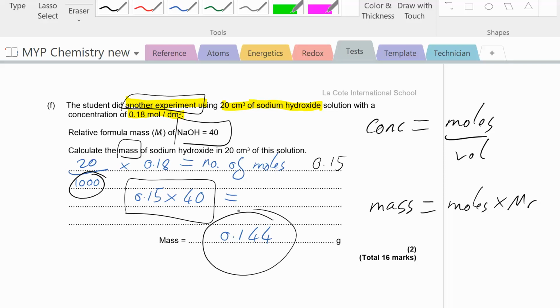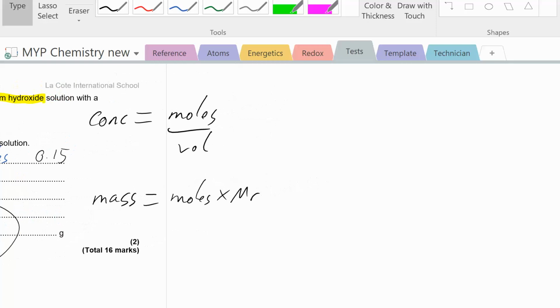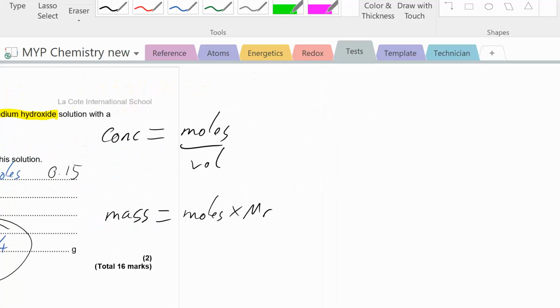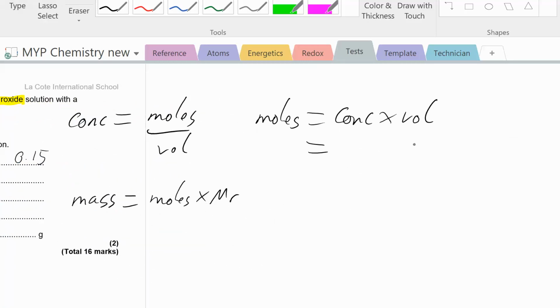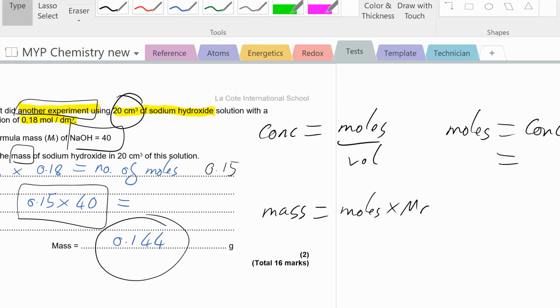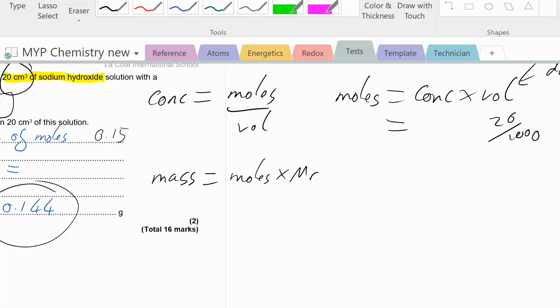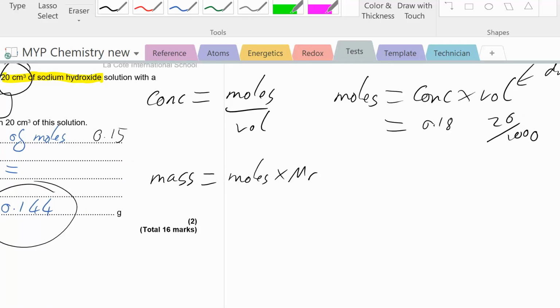To go through that again, your concentration we were given, so moles equals concentration times volume. This is 20 centimeters cubed, but we're going to divide that by 1,000, okay, because this needs to be in decimeters cubed, and our concentration is 0.18, and that gave you 0.15.